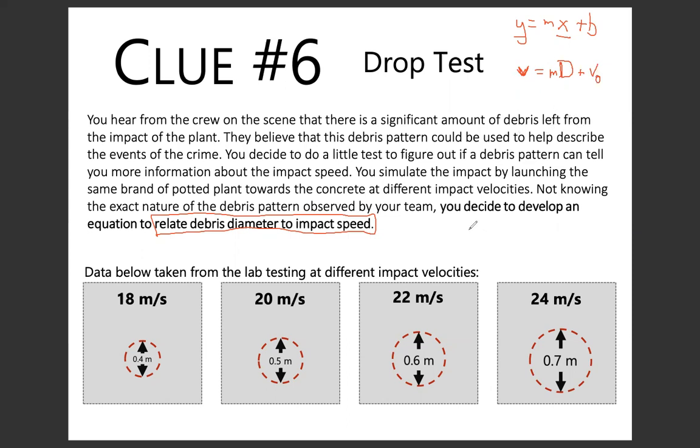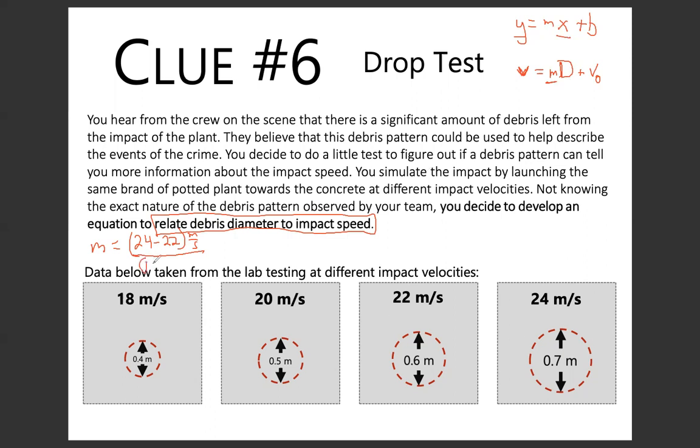And we can use any two of these values to calculate that slope. So let's go ahead and do that. I'm going to look at the last two values. So that would be 24 minus 22 meters per second, the difference in the velocities, the y, over the difference in the x values, which is the diameters.